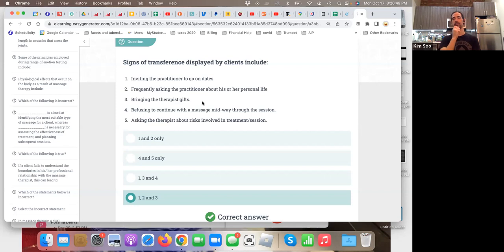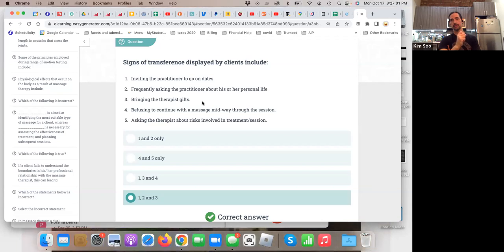Okay, frequently asking the practitioner about his or her personal life. The client asking the therapist about his or her personal life. Transference or not? Yeah, because it's what kind of feelings, what kind of identifying that the client is doing to the therapist?